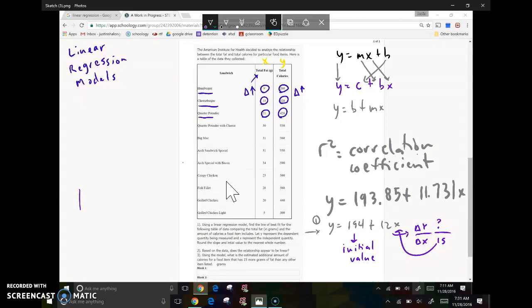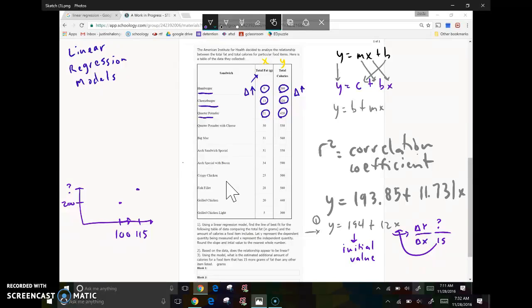So let's just say in a hypothetical situation that the total amount of total fat is 100, and that is 200 grams of total calories, right? What they want to know is how much total calories would there be if a food item had 115 grams of fat.